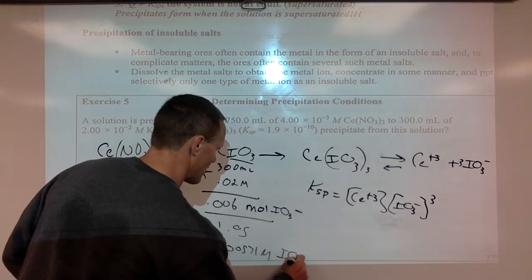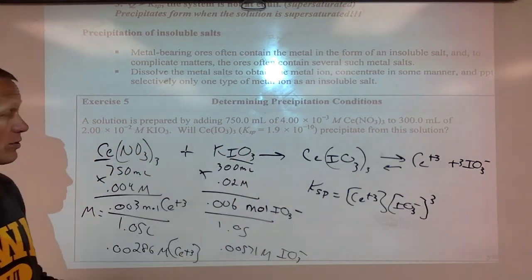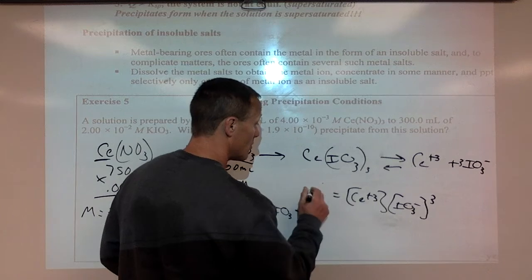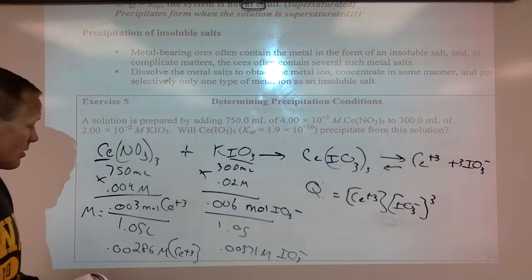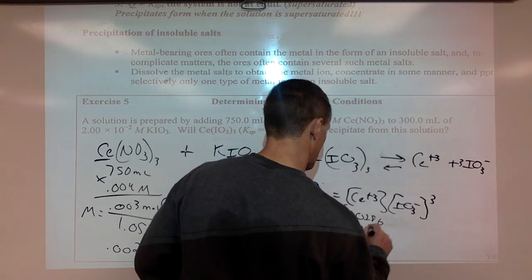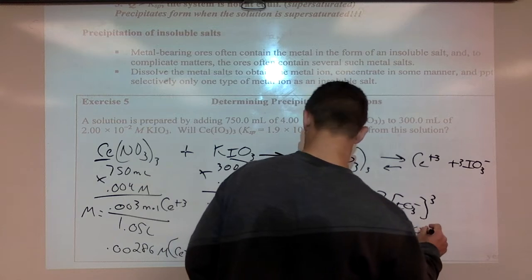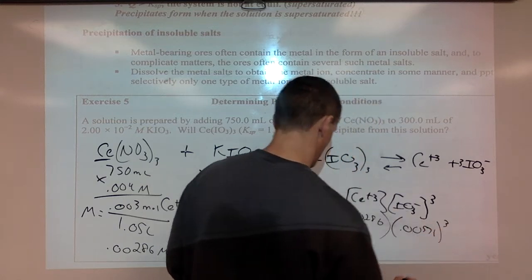So we're going to take those, plug them into our KSP expression, see if it's bigger or smaller. Excuse me, plug them into this, which essentially would be Q, because we're not at equilibrium. So we'll plug this in over here, 0.00286. Don't forget the IO3 negative will be cubed, 0.00571 cubed.